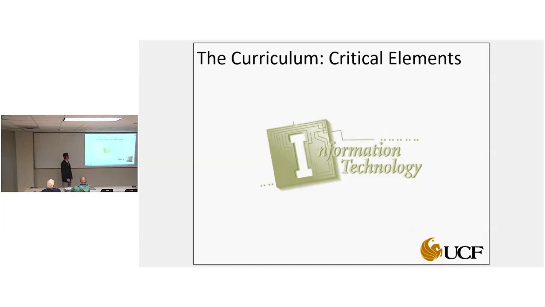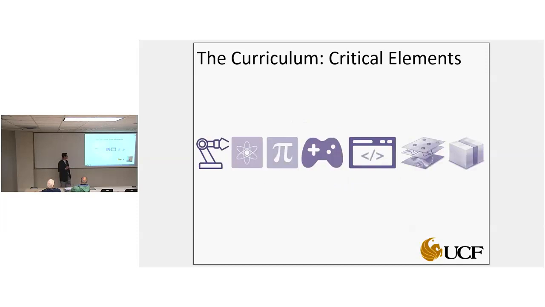All right, so real quickly, I want to talk about some of the critical elements, the key milestones as well. It was added to the information technology cluster for 2015-2016, so job codes and those sorts of things associated with the information technology cluster are now aligned with the modeling and simulation curriculum that's going through the approval process now.